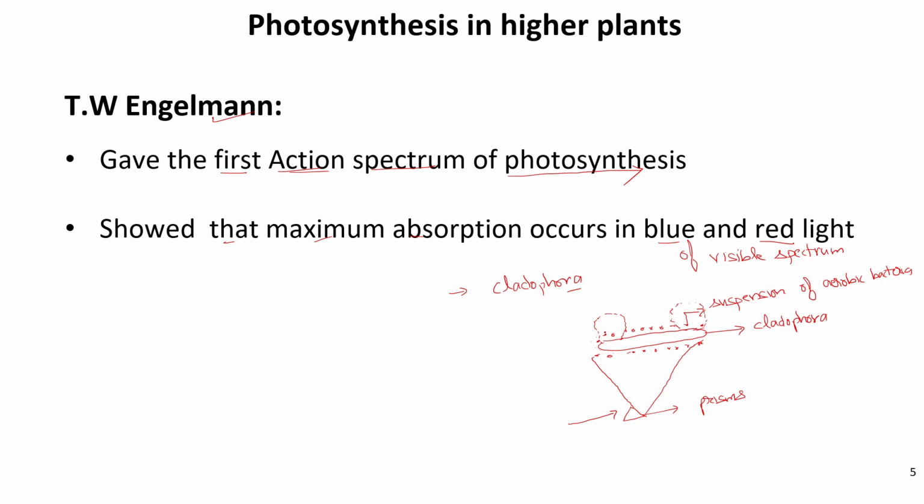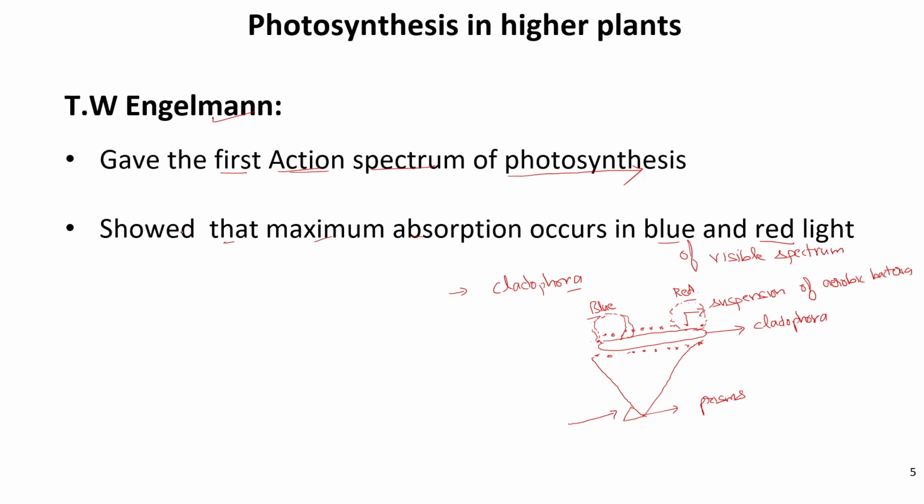Okay. Here there was overgrowth of bacteria. And what were these regions? These regions were, okay, blue and the red. So there was the overgrowth of aerobic bacteria in the blue region and the red region of the visible spectrum.